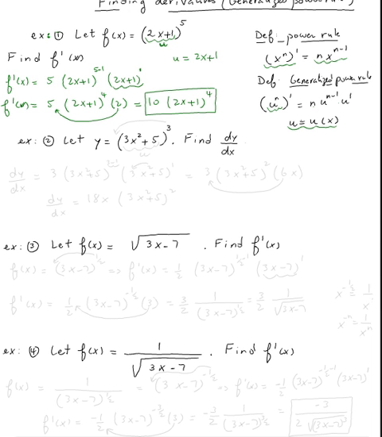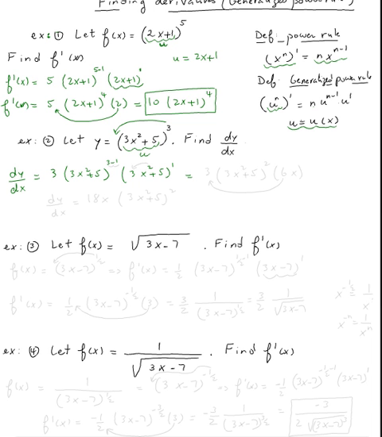Let's do another one. Again, y is equal to, whatever is inside the parentheses is what we call a u, always. So dy/dx is equal to 3. Remember the 3, you move it here. So 3 u to the n minus 1, n minus 1 means 3 minus 1, times u prime, times the derivative of the inside.